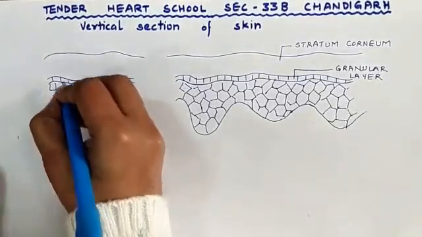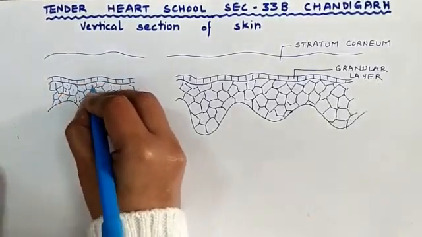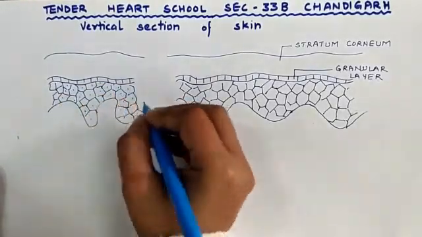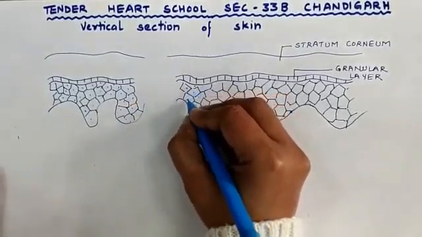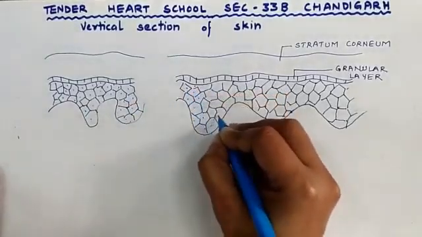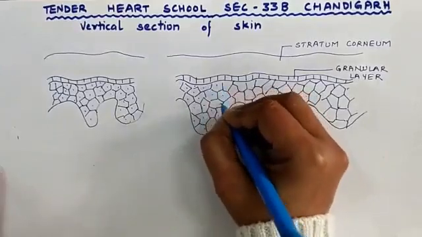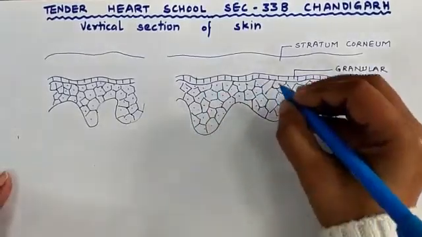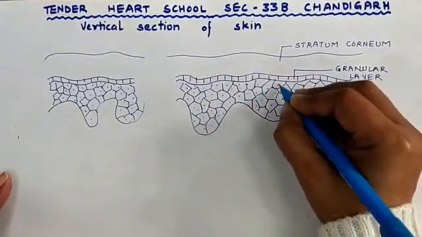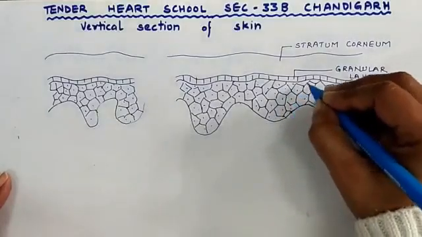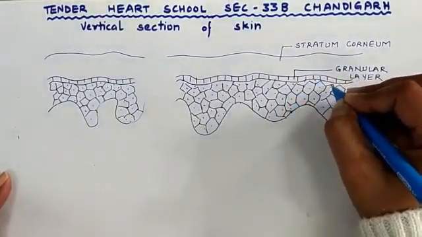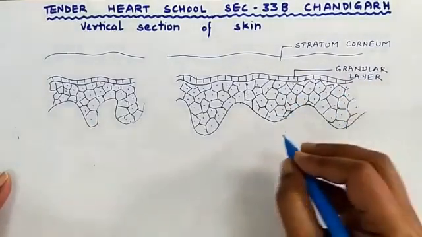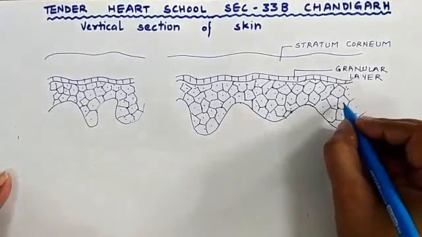So this way you can show that these are the cells of the Malpighian layer, which is the innermost layer of the epidermis. It is many layered thick, and as you know, the Malpighian layer is a layer where the cells are dividing and making new cells.